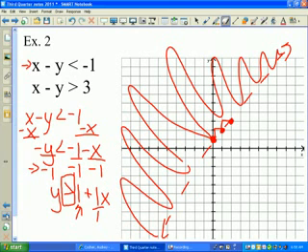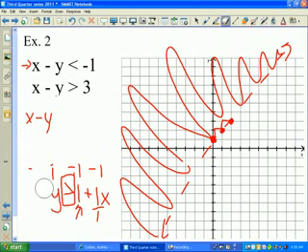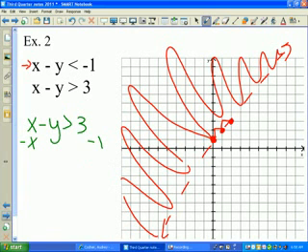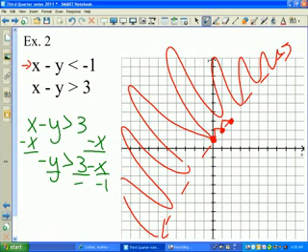Now I need to solve the bottom one exactly the same way. So I have x minus y is greater than 3, subtracting x on both sides. So I have -y is greater than 3 minus x. Divide everything by -1 because I want just my y.